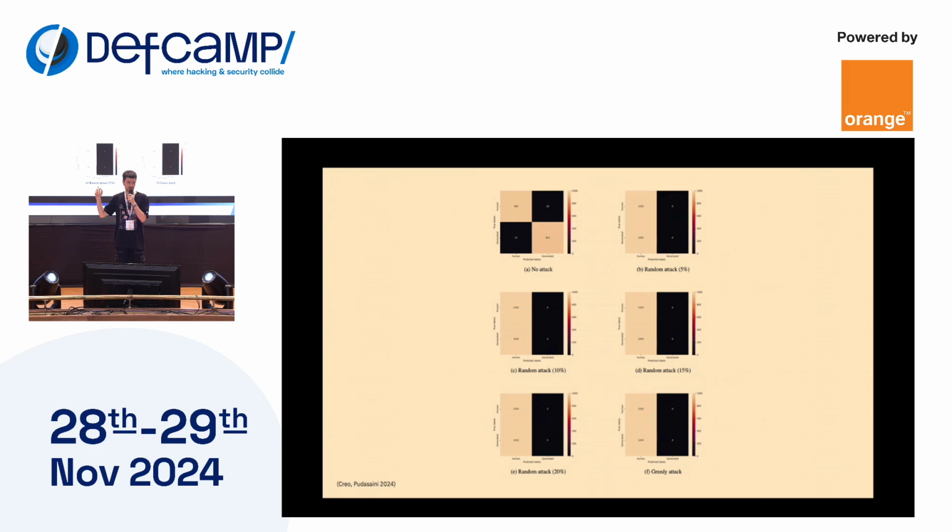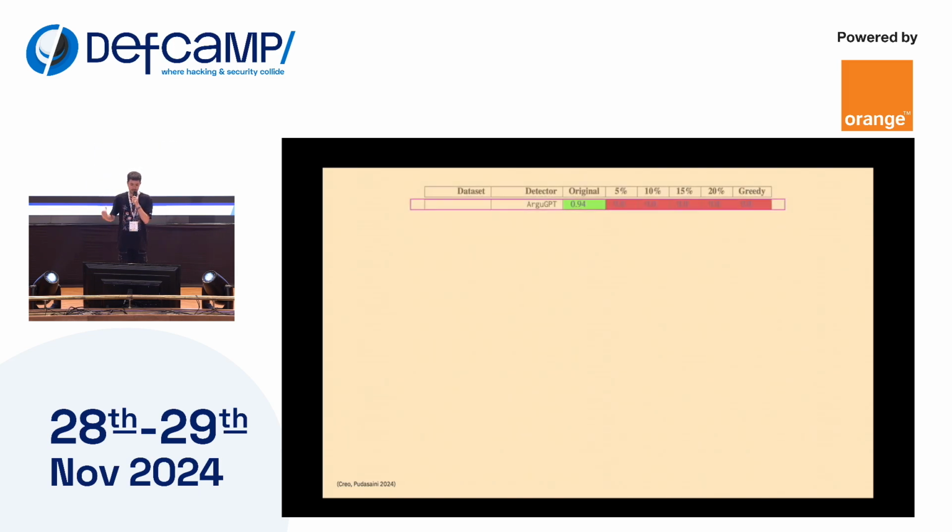That's a strong result, right? 0, like absolutely 0, 0, 0, 0, 0, 0. Everything is classified as human. That's a very strong result. Now, that's one of the systems, and here you can see that originally we had a very good performance, then it completely drops.